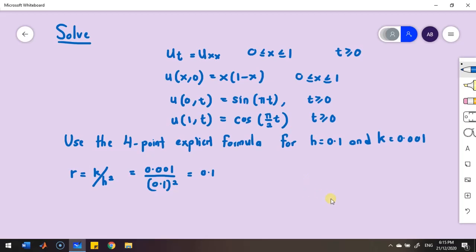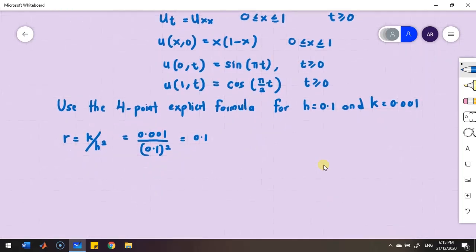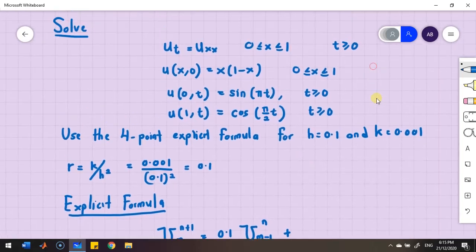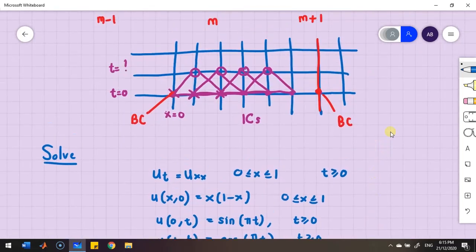By obtaining r, I can now use the explicit formula. So what is my explicit formula? I have u_m,n+1 equals r times u_m-1,n plus 1 minus 2r times u_m,n plus r times u_m+1,n.